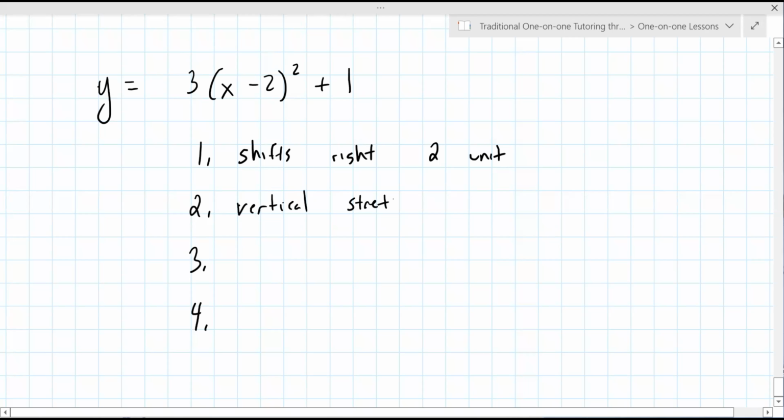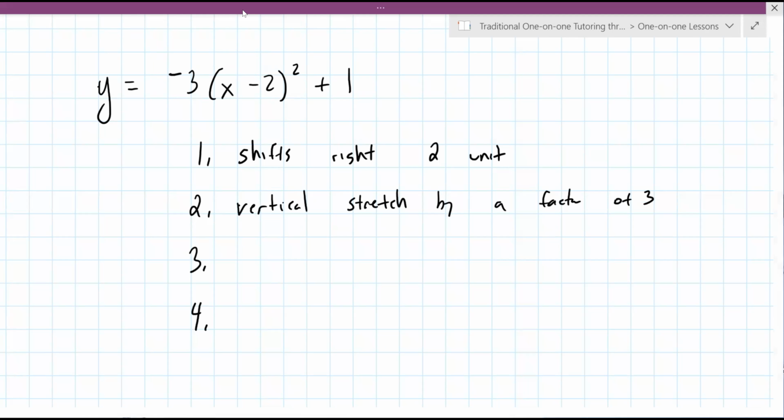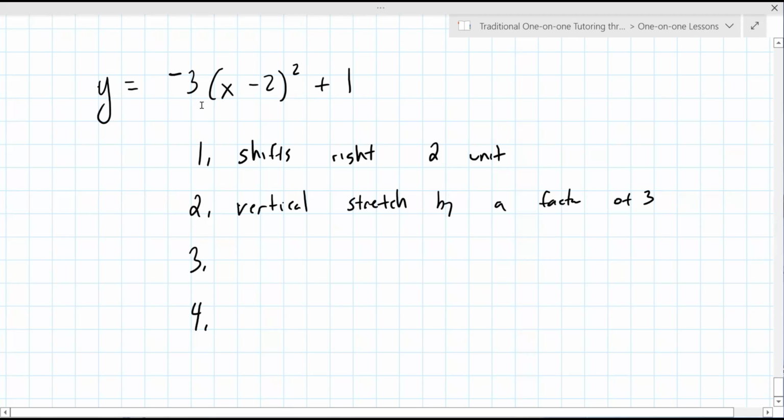Vertical stretch by a factor of 3. Then the negative. What is the negative? Vertical shrink? Try again. It's a flip. It's a reflection over the x-axis.